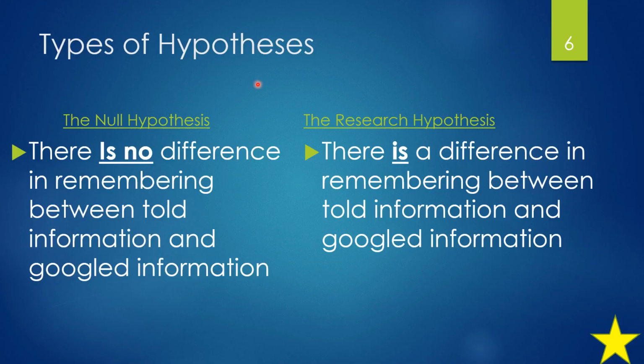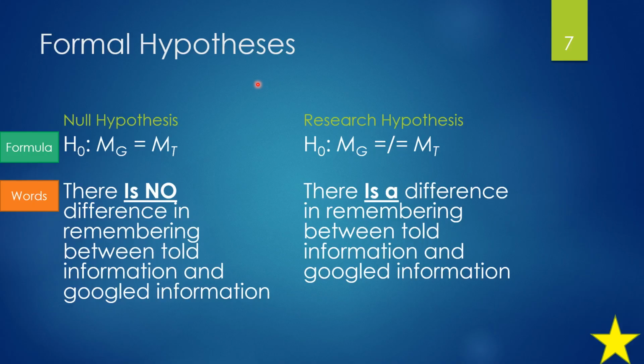When we analyze our data, the way we're going to analyze that data is with math and numbers. And so there are mathematical formulas for these two hypotheses, and they look like this. First, the null hypothesis. H0, H stands for hypothesis, and 0 stands for null. And so the H0, or the null hypothesis, is that mg equals mt. M stands for mean.